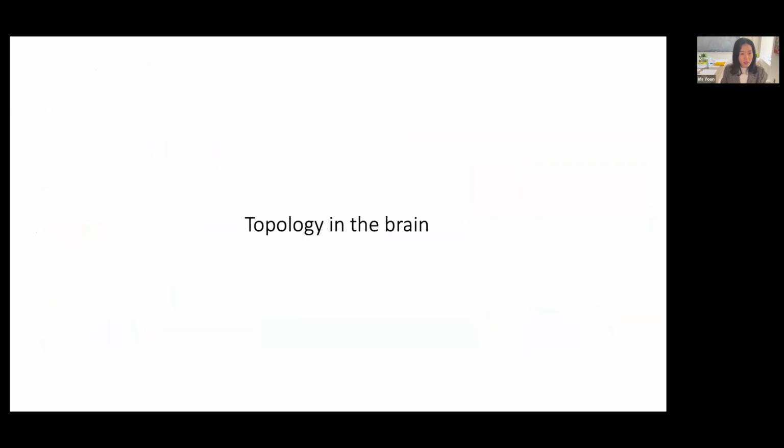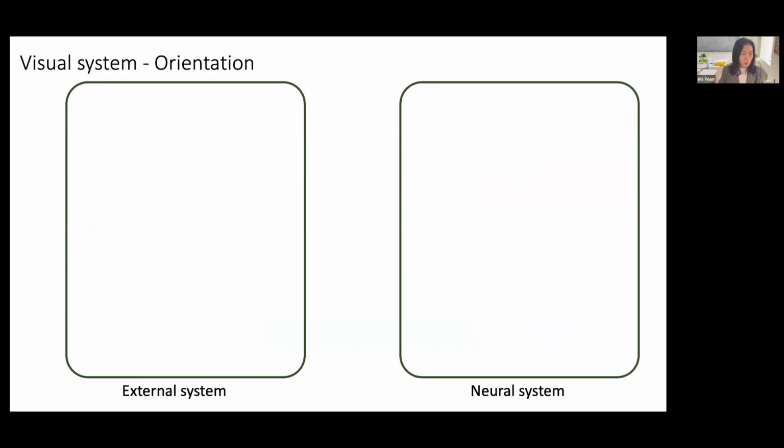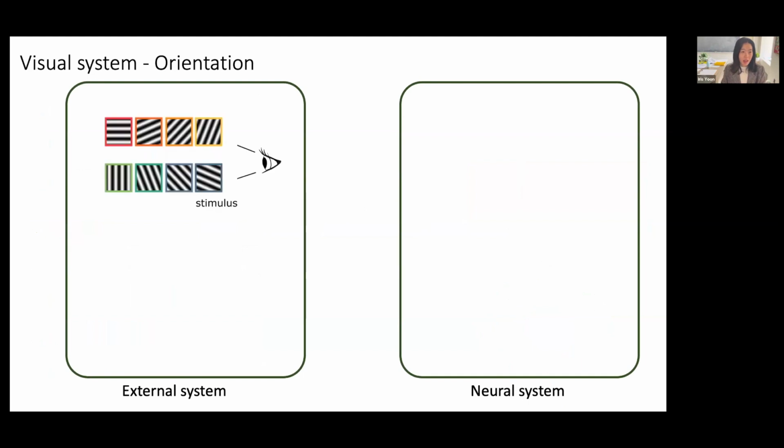Let me give you some other examples of actual neural systems where we expect to see such circular coordinates. One example is the visual system. Let's say I presented different orientations of images to a person or to a rat. The fact that you have different orientations tells you that your stimulus itself can be arranged in a circular fashion.